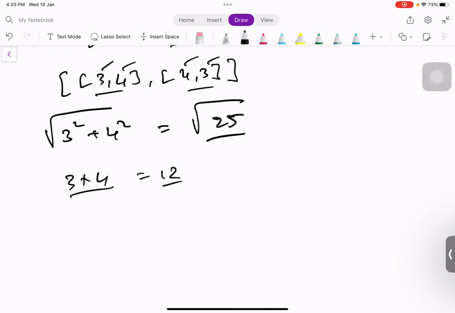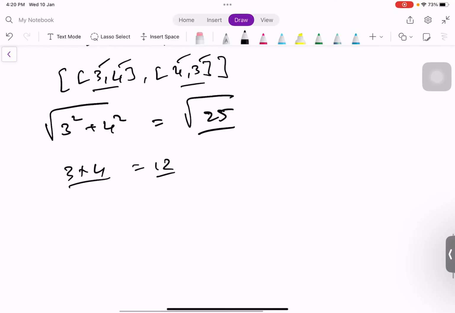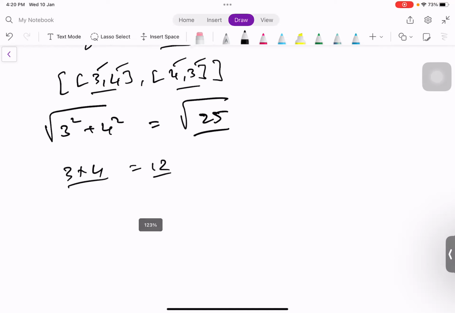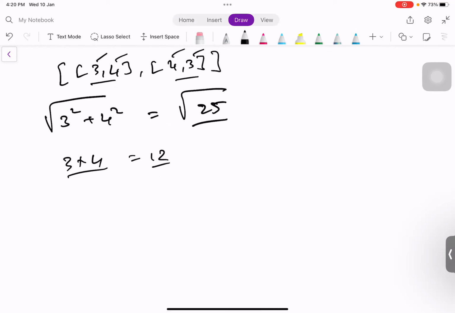But what if there is a case where the diagonal length is the same, but the area values are different? In that case, we return the one which has the maximum area. So what we can do in this question is run a loop and go through all the dimensions one by one.